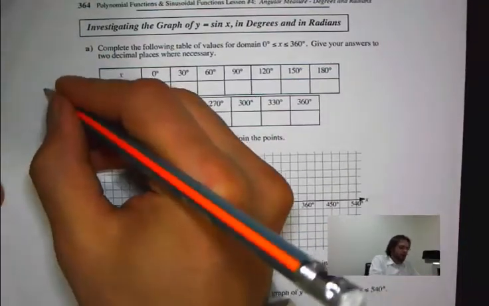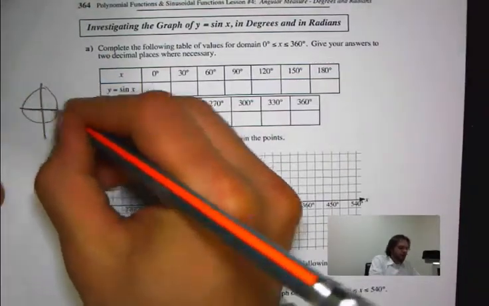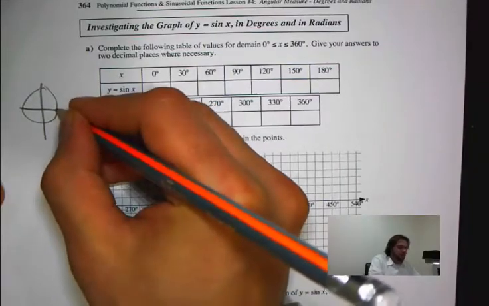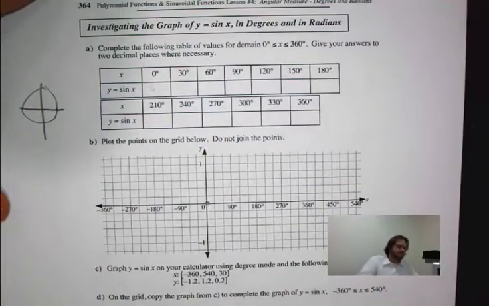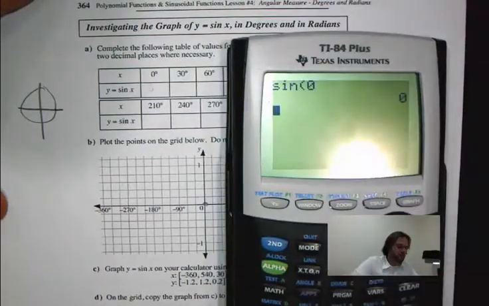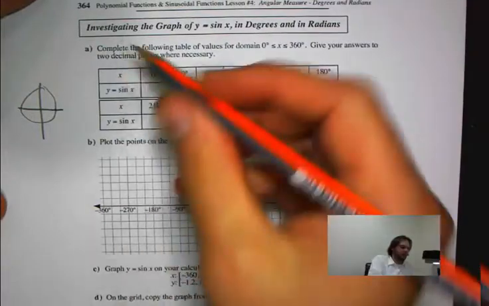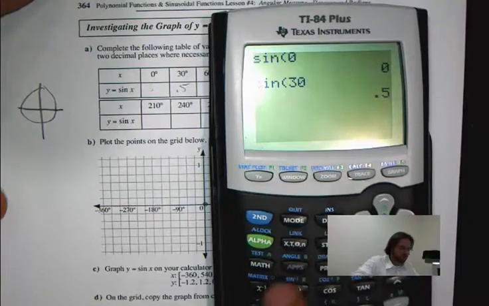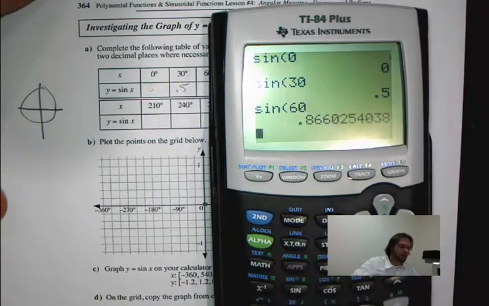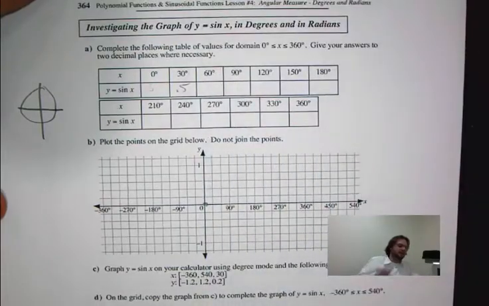Another way of thinking of it, sine is normally your y value. Sine 0 is 0. You have 0 y value. The next one, we want 30 degrees. So let's see, sine 30 gives me 0.5. Okay, so we have 0.5. Sine 60 degrees gives me 0.866.